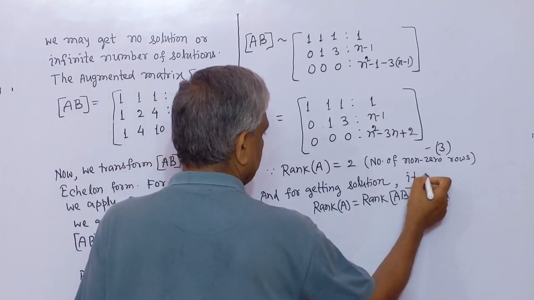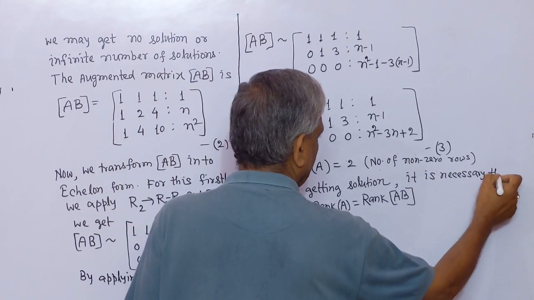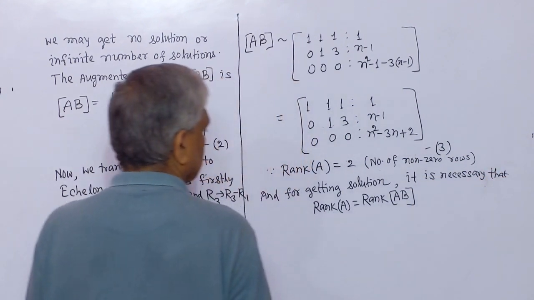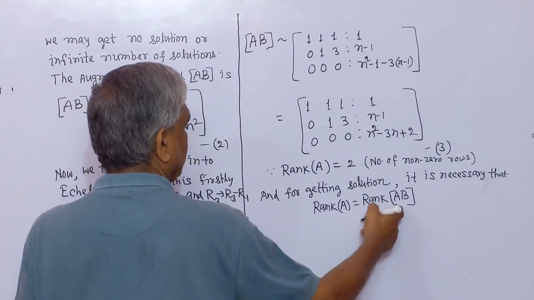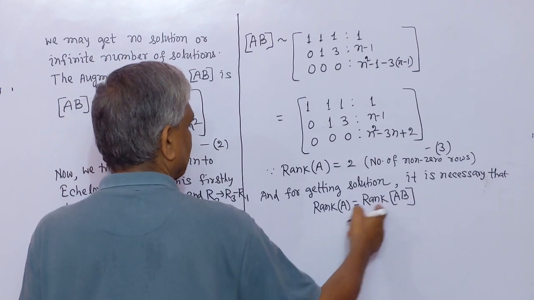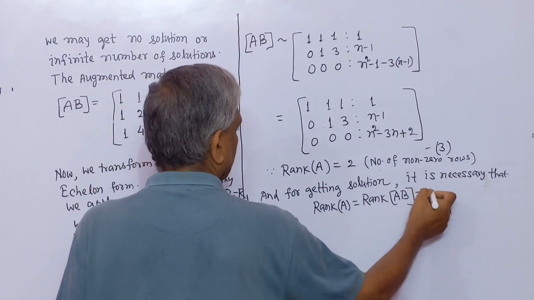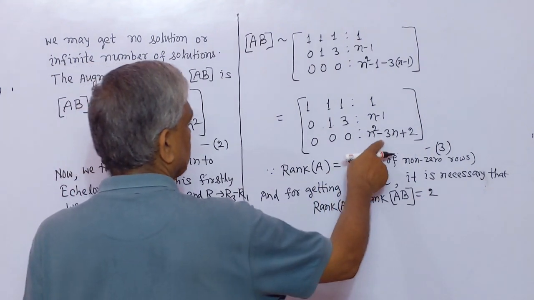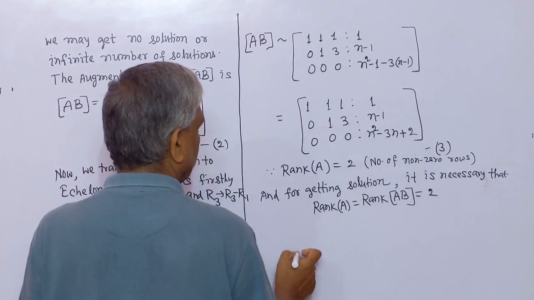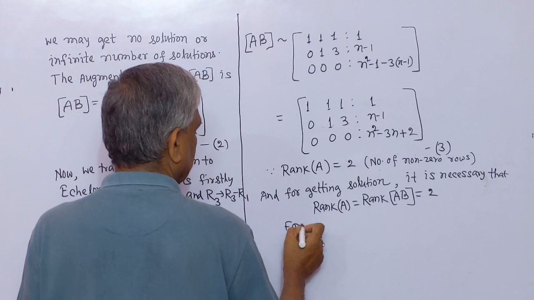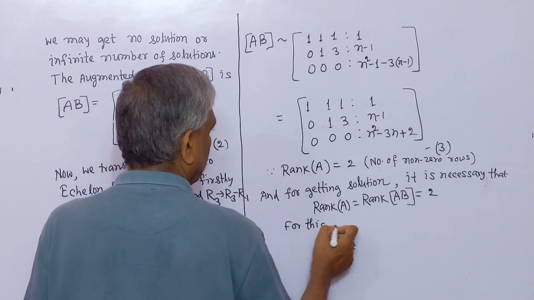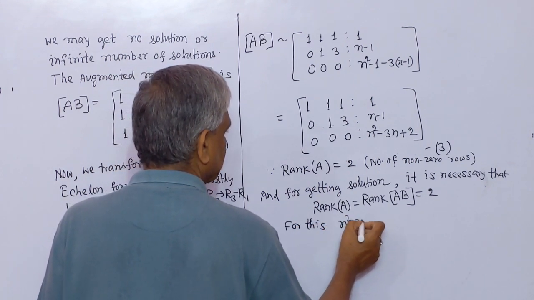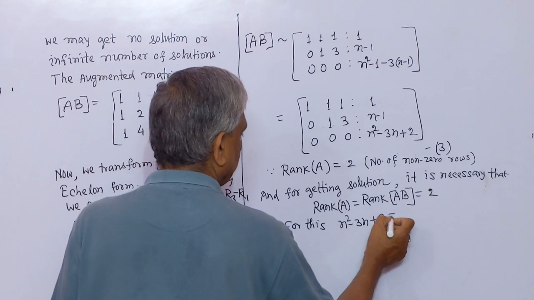It is necessary that the rank of the augmented matrix must be 2 for getting a solution. So here we have to make 0. For this, eta square minus 3 eta plus 2 equal to 0.